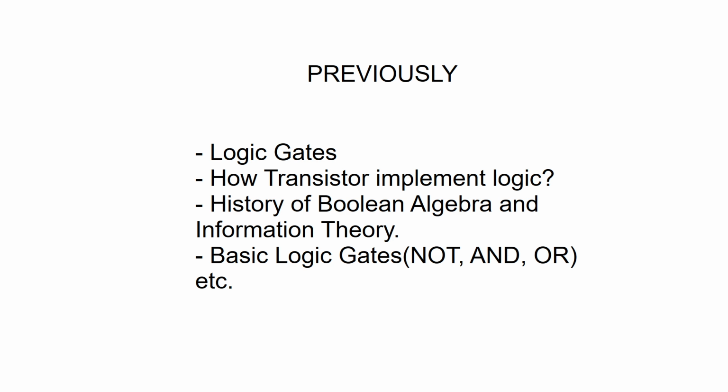We also did a brief history on Boolean algebra and information theory to get to know how these ideas of using electricity and representing data can be used, or rather is currently being used, to build computers.